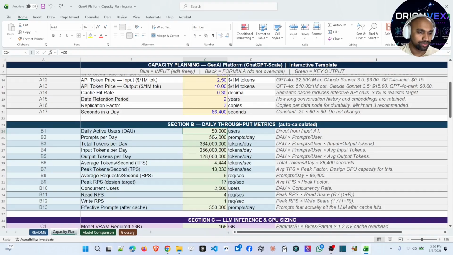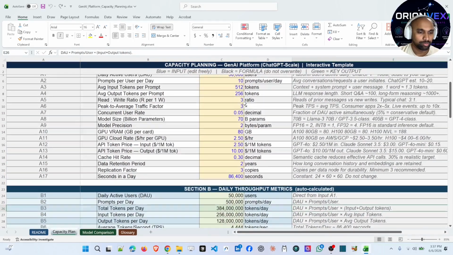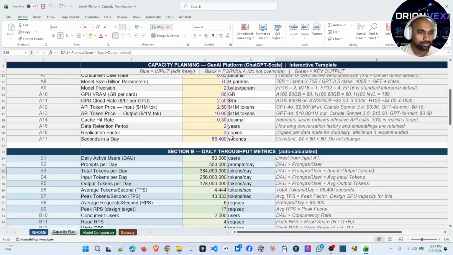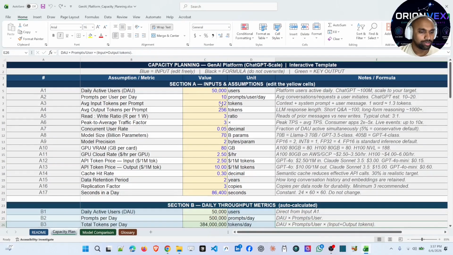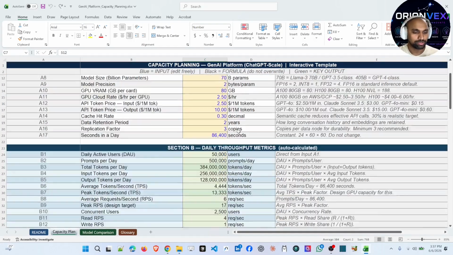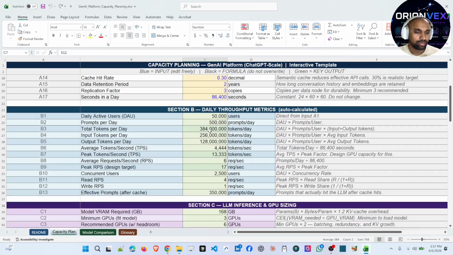Based on that, we can compute total tokens per day: daily average users times prompts per user, multiplied by the sum of input and output tokens. That is 512 plus 256. We get around 384 million tokens per day.